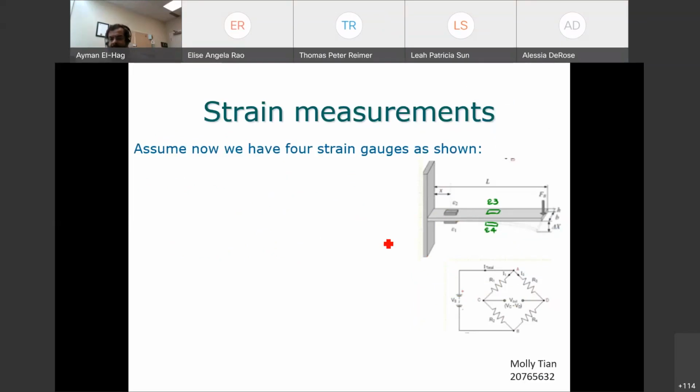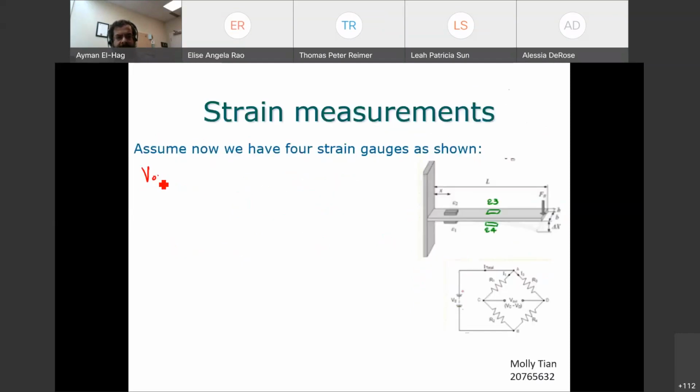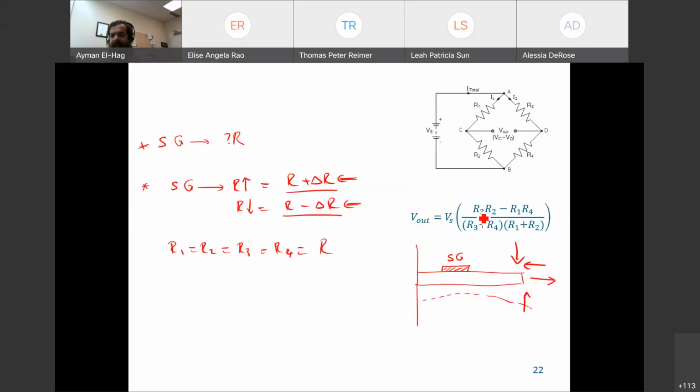Now let's go for the case where we have 4 strain gauges, not just one. So let's go back to the formula that we have here. Your V out is equal to Vs times, and you have to look at the configuration of the Wheatstone bridge, R3 times R2 minus R1 times R4 divided by the summation of the resistors of each leg.